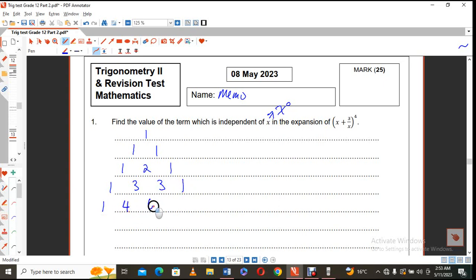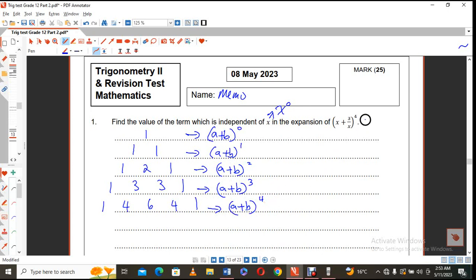What I want you to see is that this becomes (a + b) raised to the power of 0, this becomes (a + b) to the power of 1, this is (a + b) to the power of 2, (a + b) to the power of 3, and (a + b) to the power of 4, which is what this one basically is. So from this, our a is the x value, our b is the 3 over x.